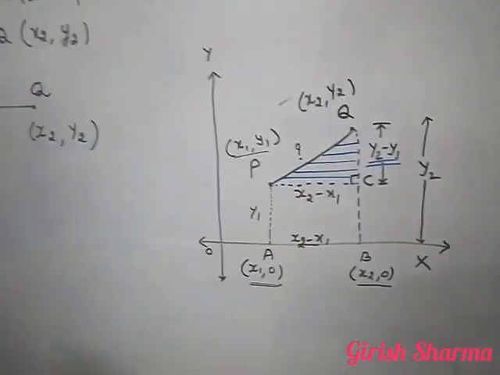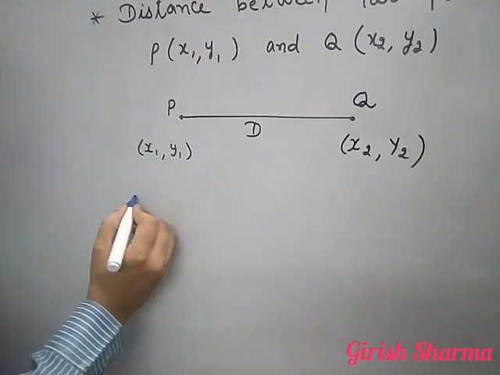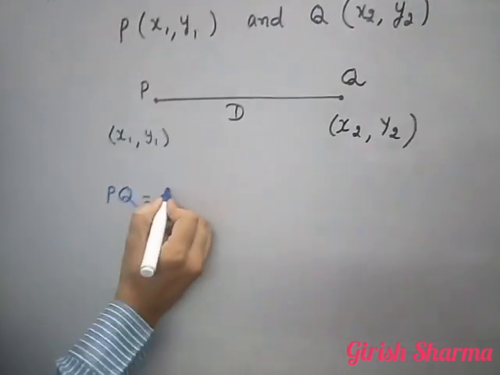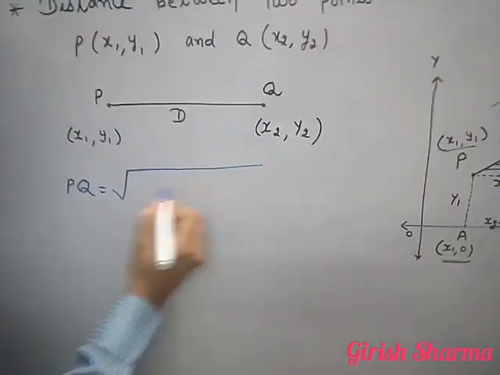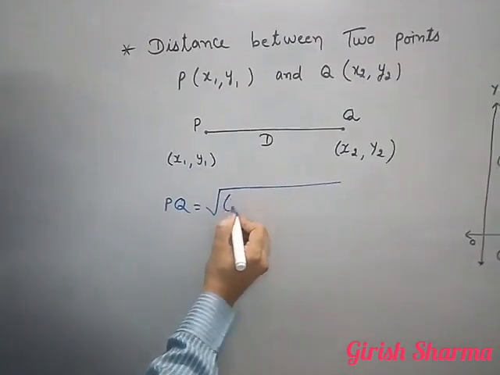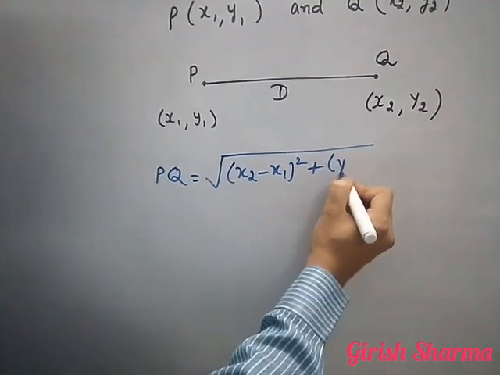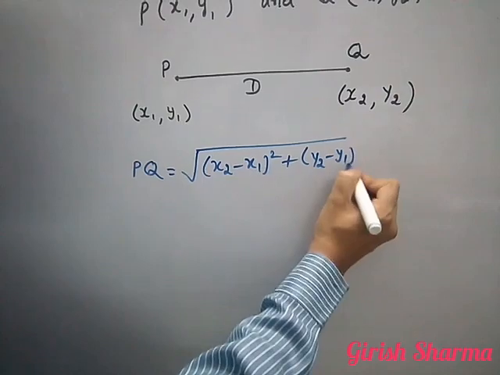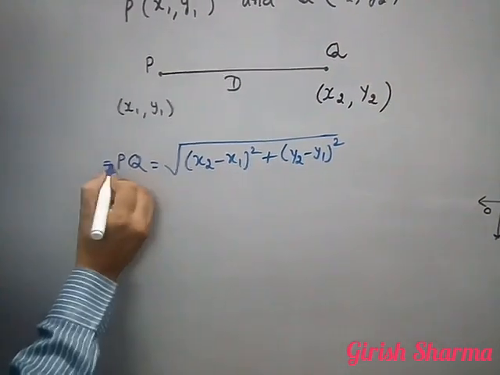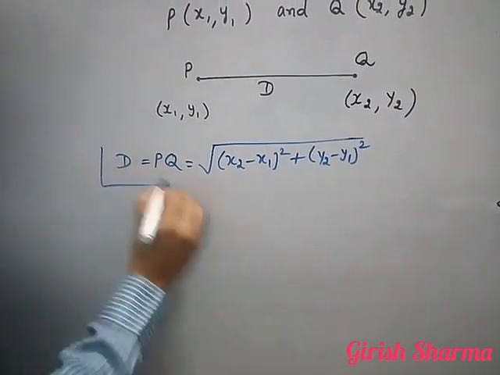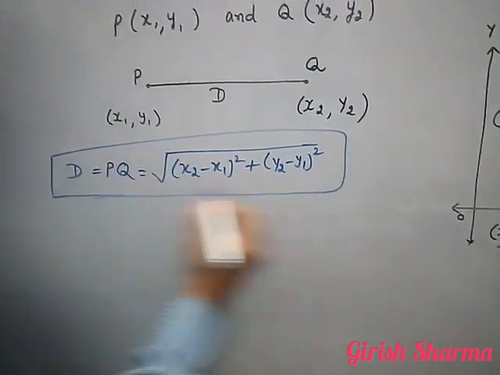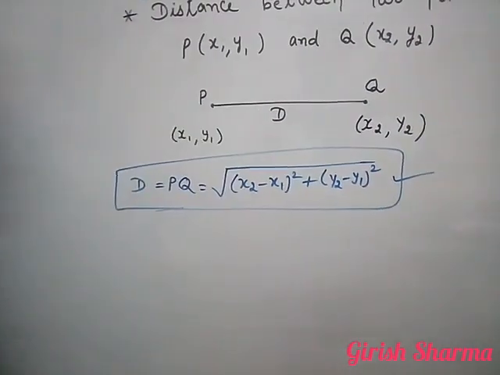PQ is equal to the square root of x2 minus x1 whole square plus y2 minus y1 whole square. This is the formula to find the distance between 2 points. This is a very important formula.